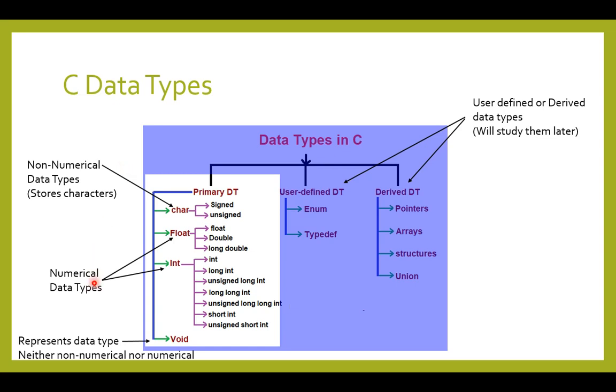So at the moment we are not going to use that type of variable. We are basically focusing on float and integer type variables. And there's another special type named void. That type is actually not numerical or non-numerical.